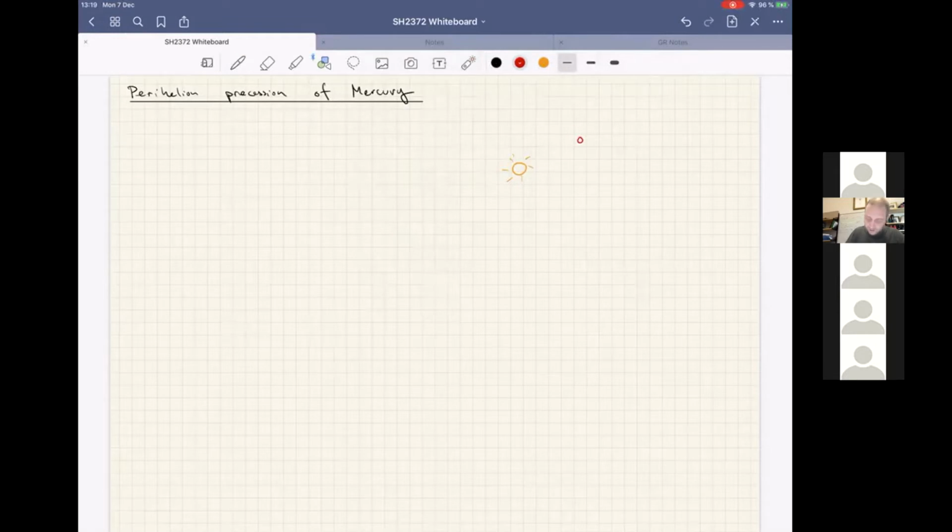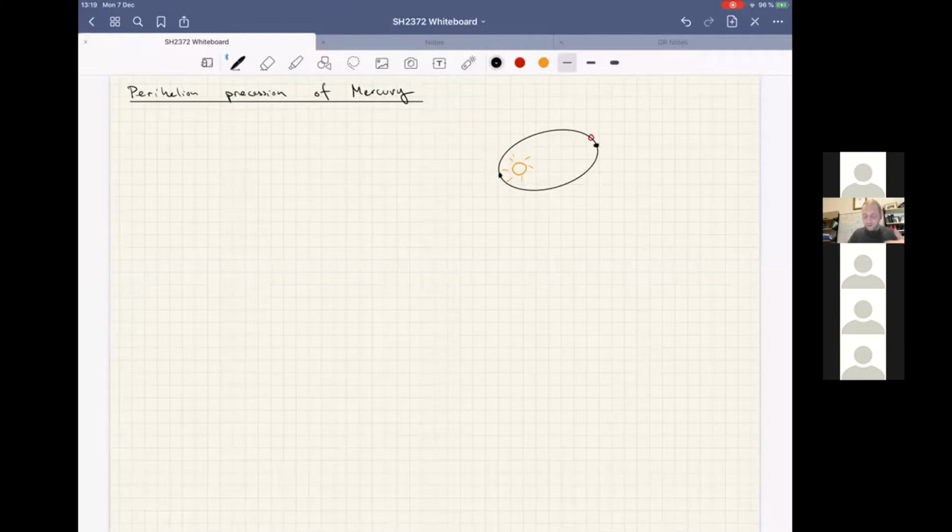Then the orbit here is an ellipse in Newtonian mechanics, where the sun is in one of the focal points of this ellipse. So maybe it should be something more like that. And here we have the perihelion and the aphelion, which are these 2 points.